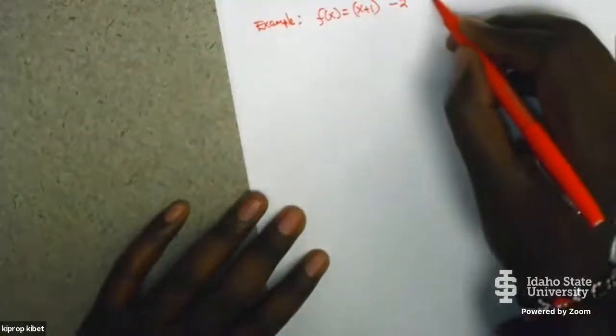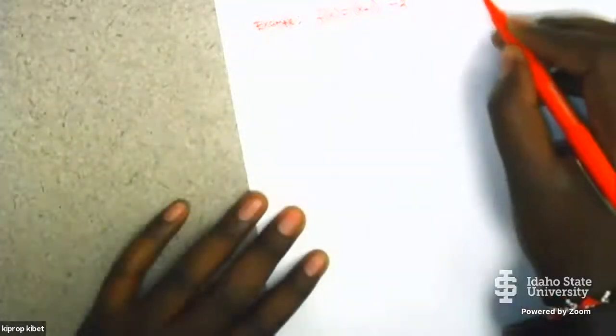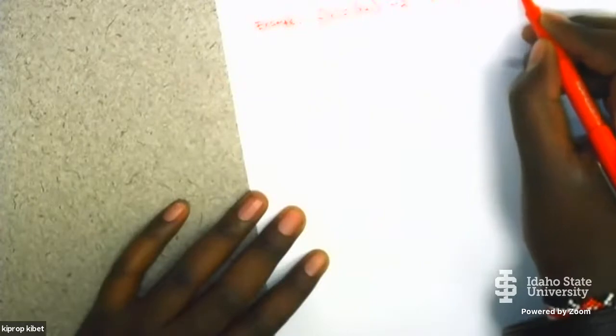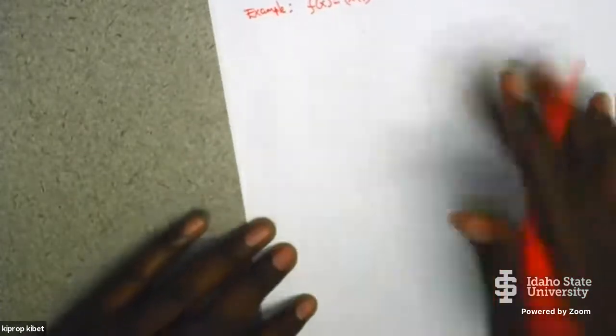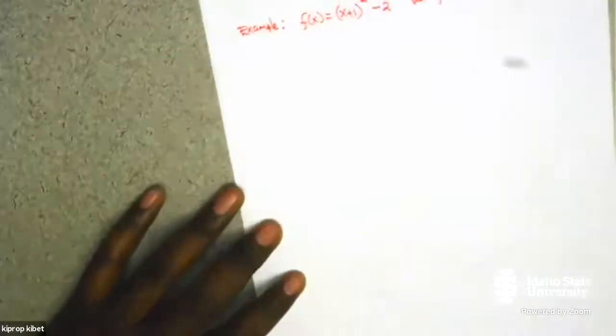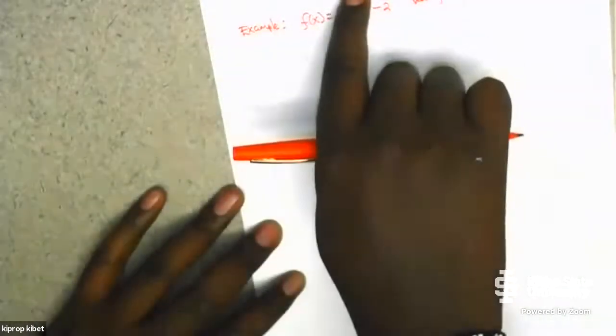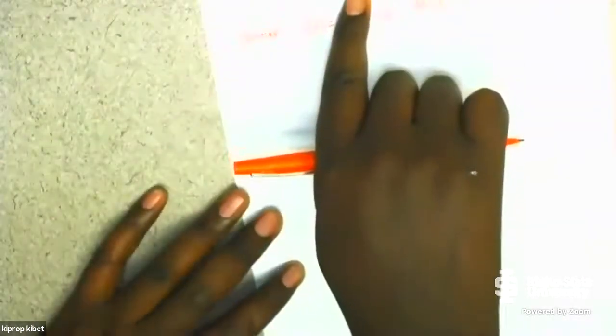Now, using transformation, plot this. So the first step here is you need to look for h and this k.